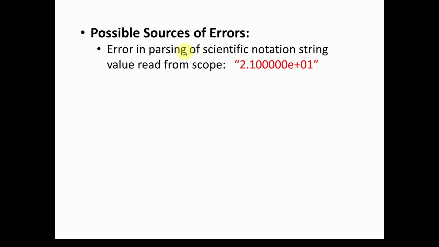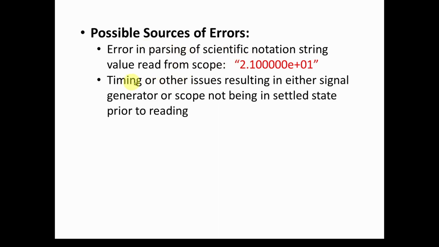So it could be a parsing error, or it could be a timing or other issue resulting in either signal generator or scope or whatever equipment not being in a settled state prior to reading. It's not ready to give you an answer, so you have to make sure that the scope or the equipment is ready to respond.